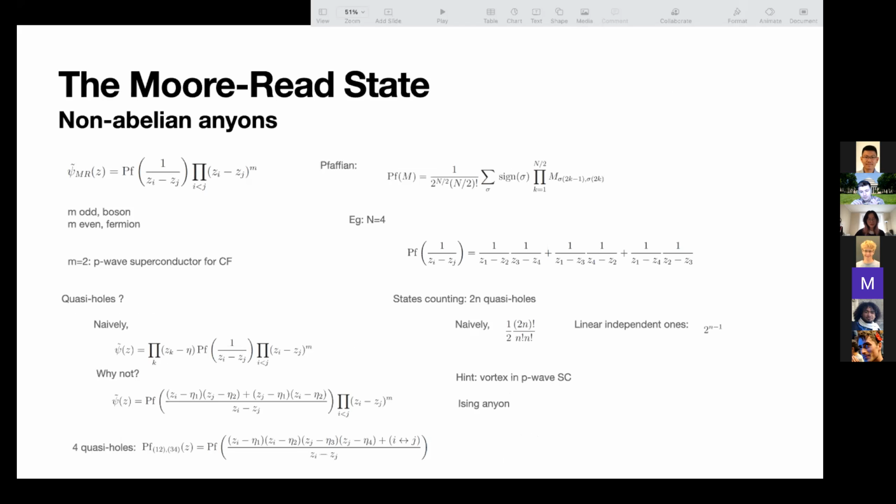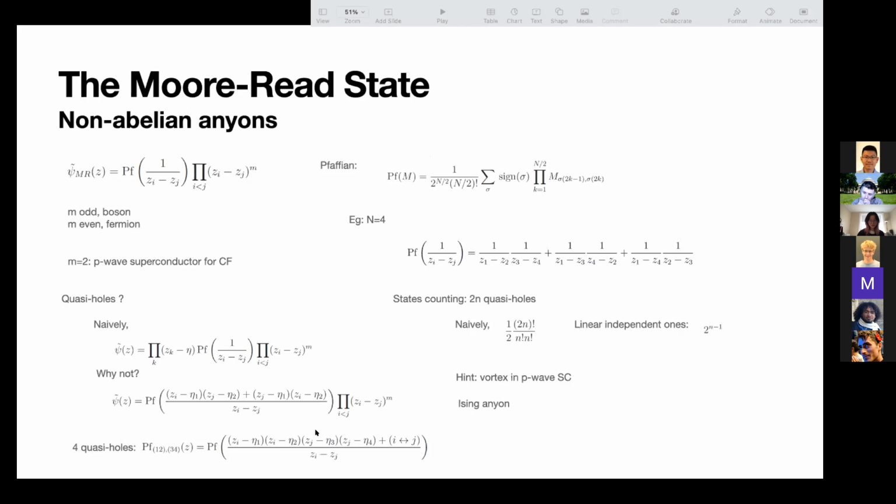So far those wave function approaches look good, but when we are dealing with states like Moore-Read states, this wave function looks very complicated, and it's not at all obvious how we can obtain the statistics of the quasi-holes.